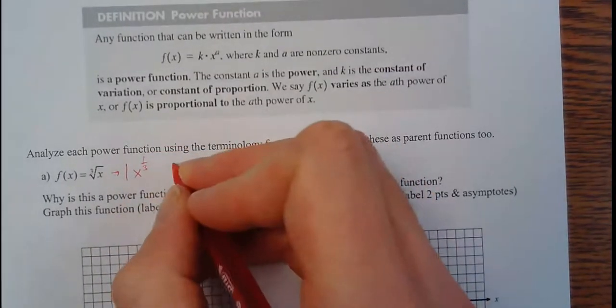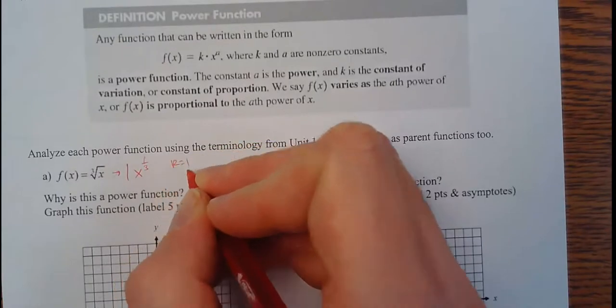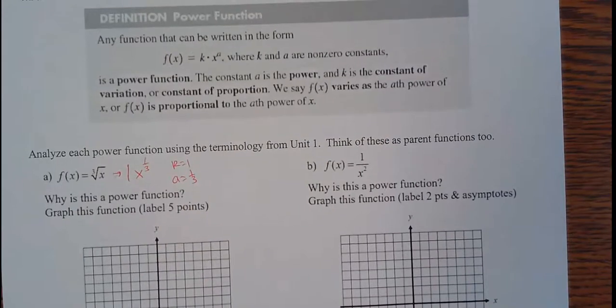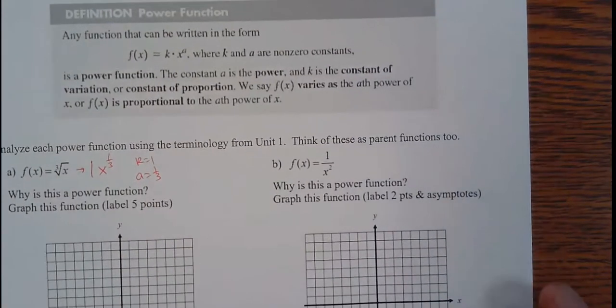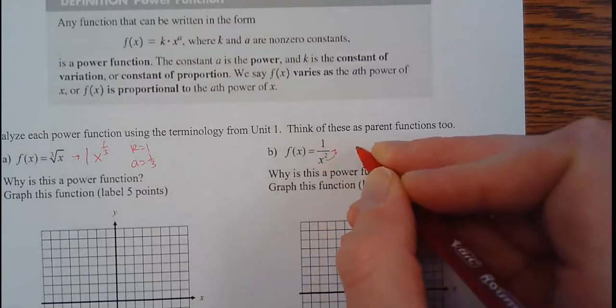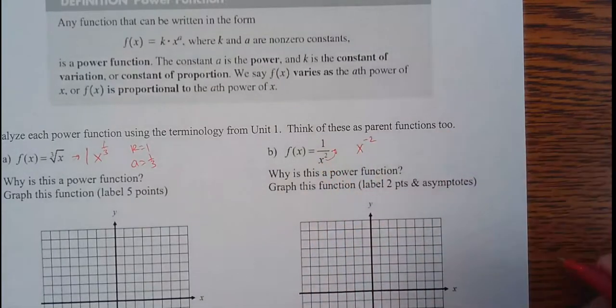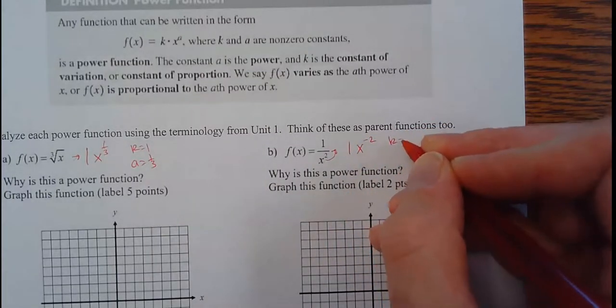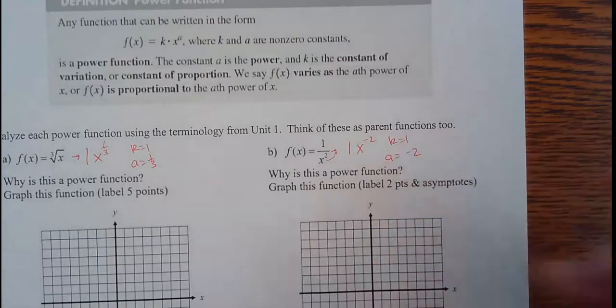So in this case, k equals 1, and the power is 1/3, so that's why it's a power function. And this guy over here, I could rewrite, bringing this to the top, and it'd be x to the -2, and again the number out front would be a 1, so k equals 1, a would be -2.